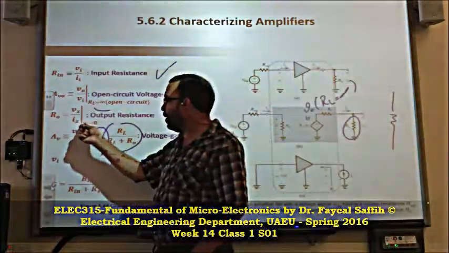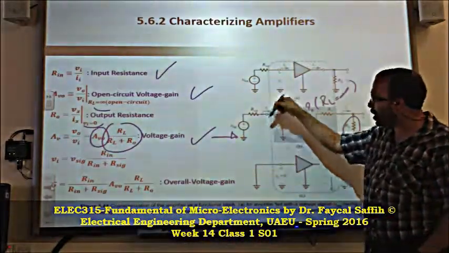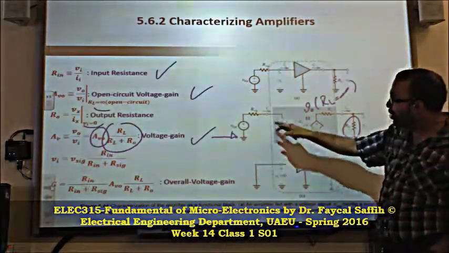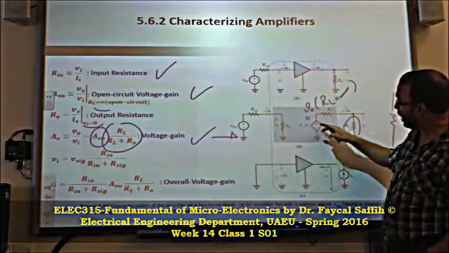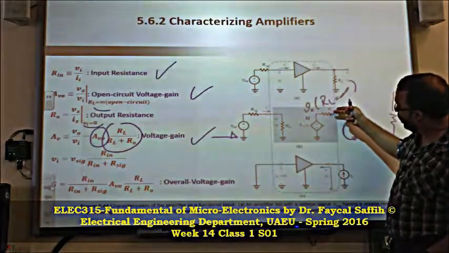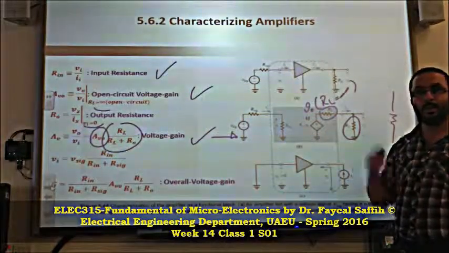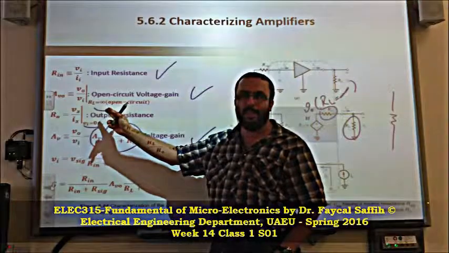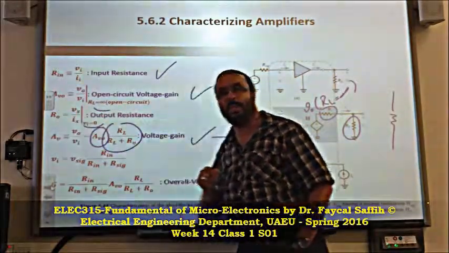But we have to make a condition: we don't have any input voltage, so the input is grounded. Why? Because if we make Vin equal to 0, this source becomes 0, and the only resistance I can see from here is this one, since the other side is grounded. We call it R out, the output resistance. So we have to ground the input voltage in order to calculate the output resistance.